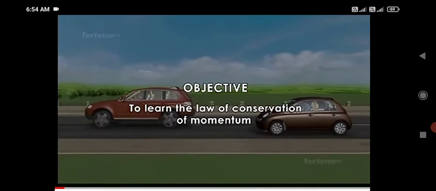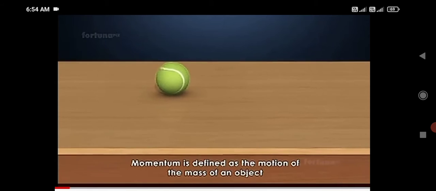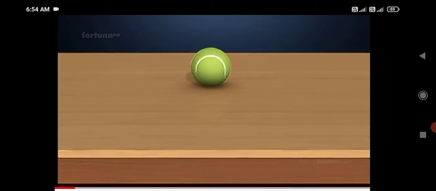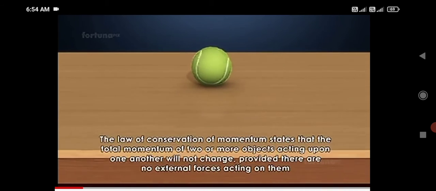Now we'll go to the derivation. Momentum is defined as the product of the mass and velocity of an object.